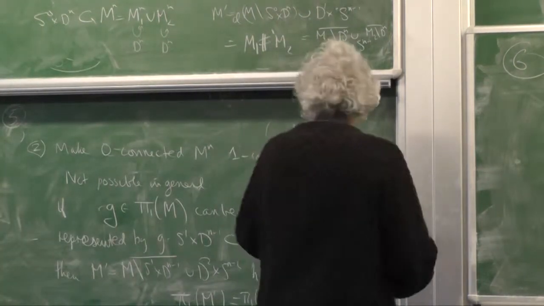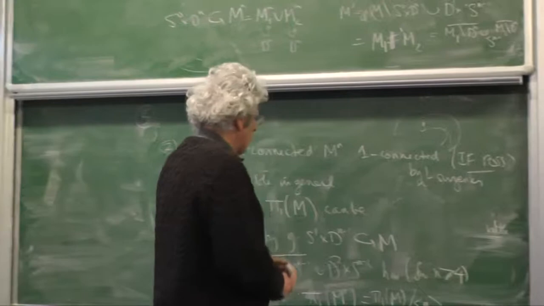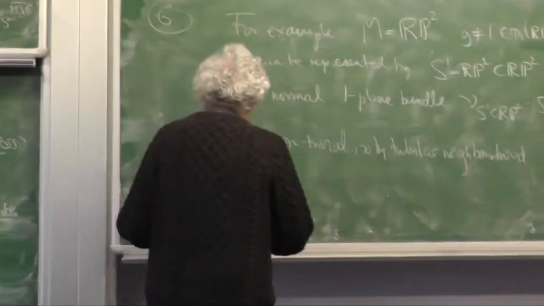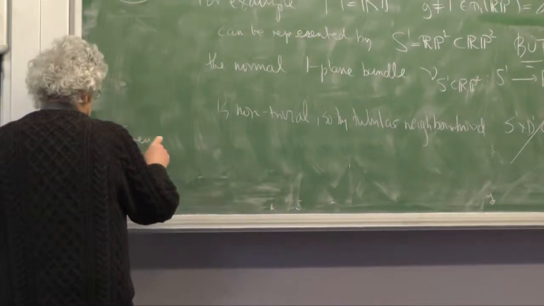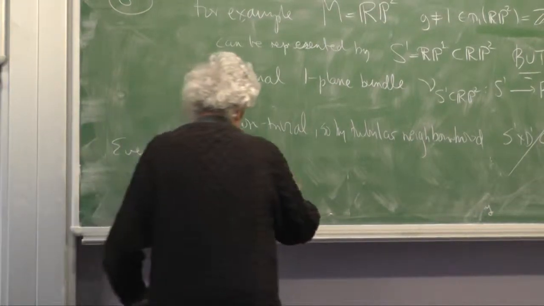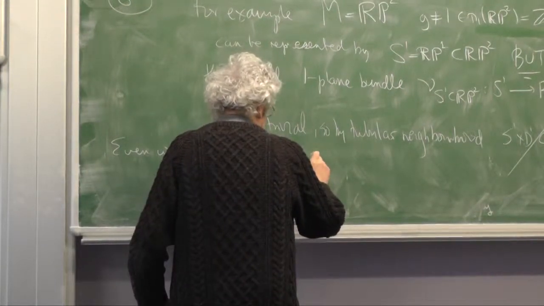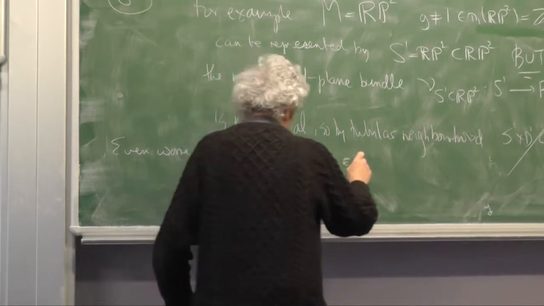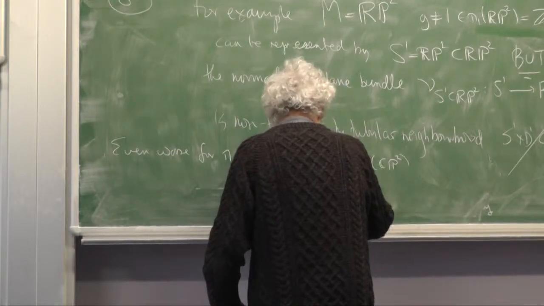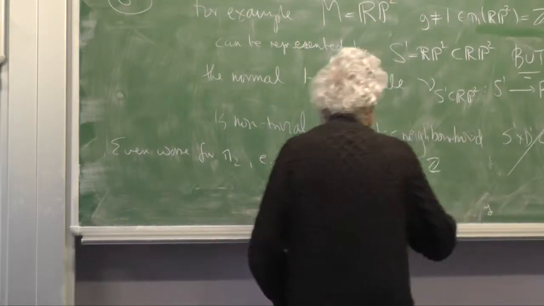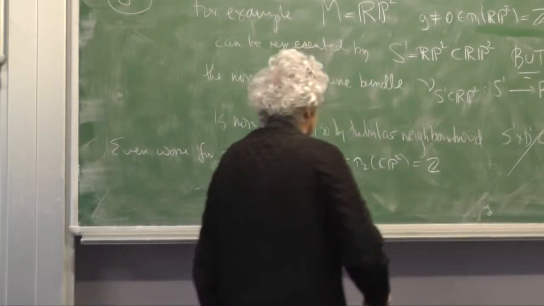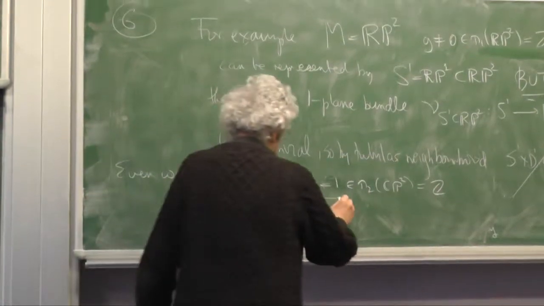Now, already to kill pi 1, there's a problem. And the same thing arises in pi 2. Even worse, so to speak, for pi 2: if you take the generator g not equal to 1 in pi 2 of CP2, I'll record this as z, not 0, you can get the non-trivial element, so not 2.